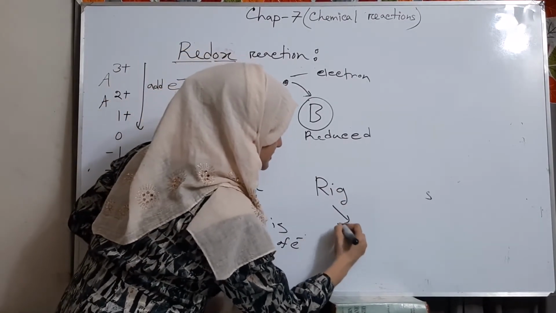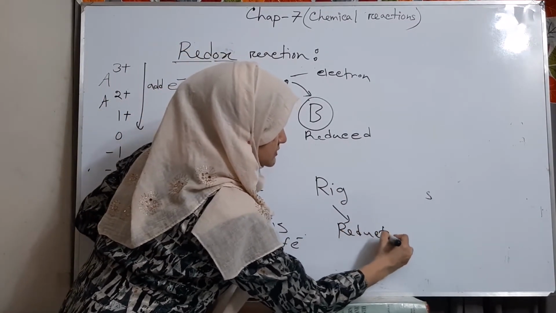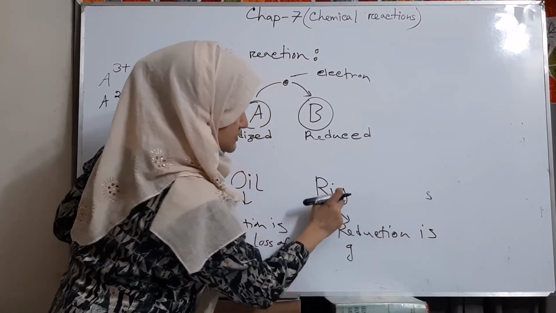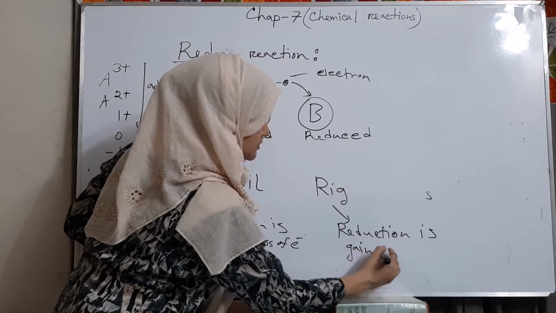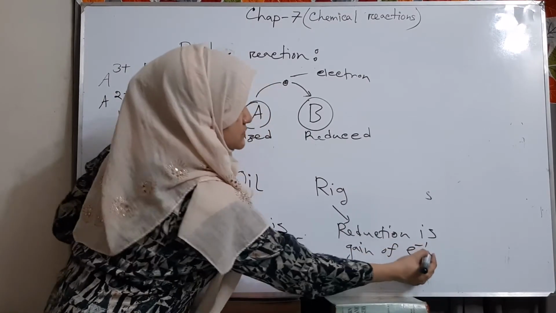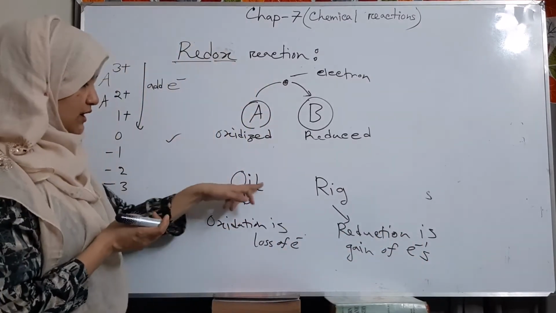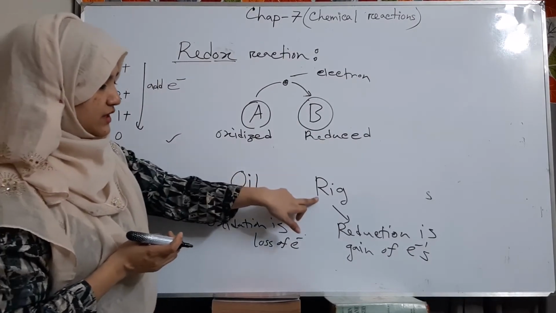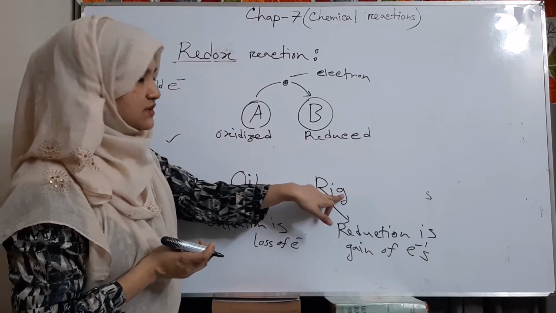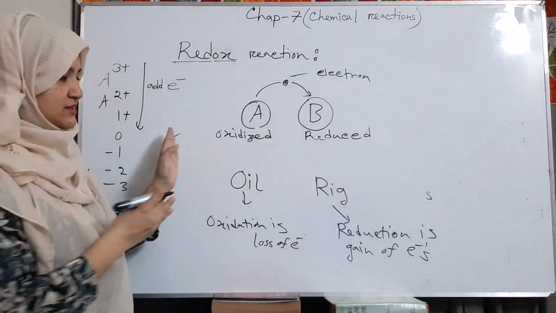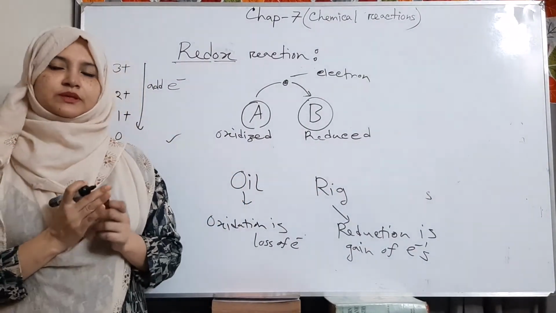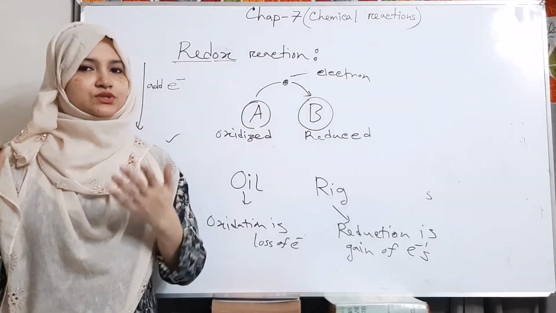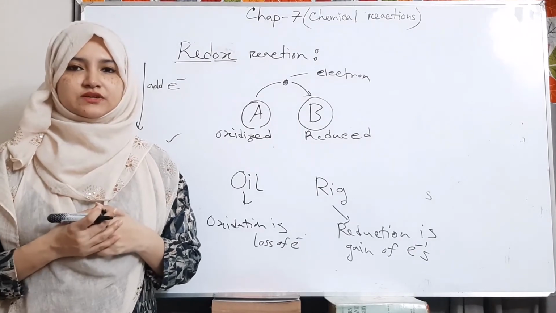RIG means reduction is gain of electrons. OIL: oxidation is loss of electron; RIG: reduction is gain of electron. I think these two words will be helpful to remember what oxidation is and what reduction is.